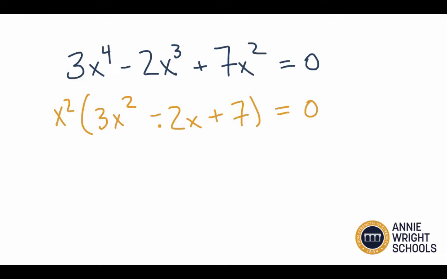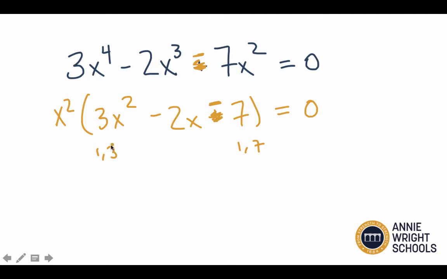Now, the other thing that you might do is see if there's factors of 3 that combine with factors of 7 to have a sum of 2, and the answer is no. I'm going to change this problem slightly to a minus so this works out a little bit better. So if this is a minus, there's still no factors of 3 that combine with factors of 7 to have a difference of 2.